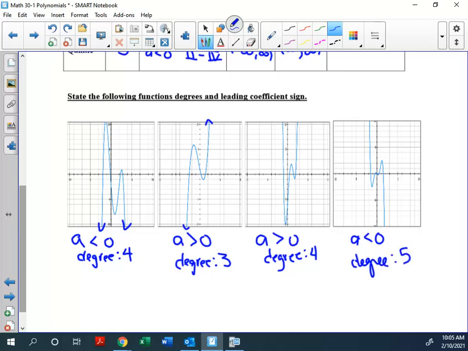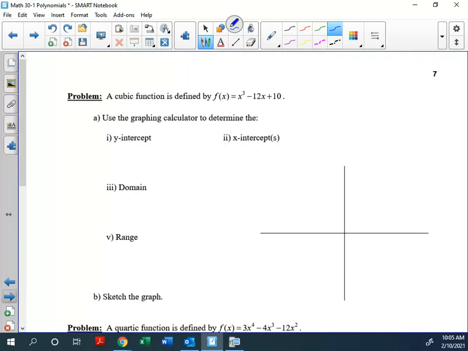How'd we do? All good? Making sense? So now you can kind of look at an equation and know where it starts and ends. Okay, you've also got some sort of idea of the shape.